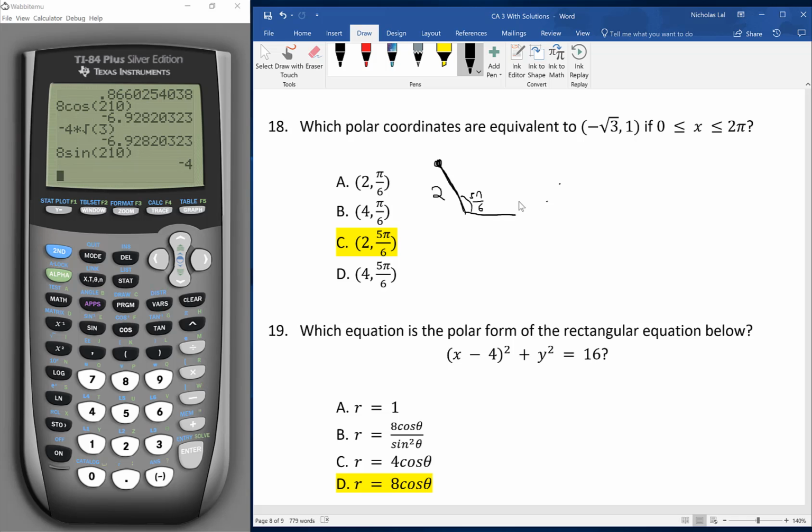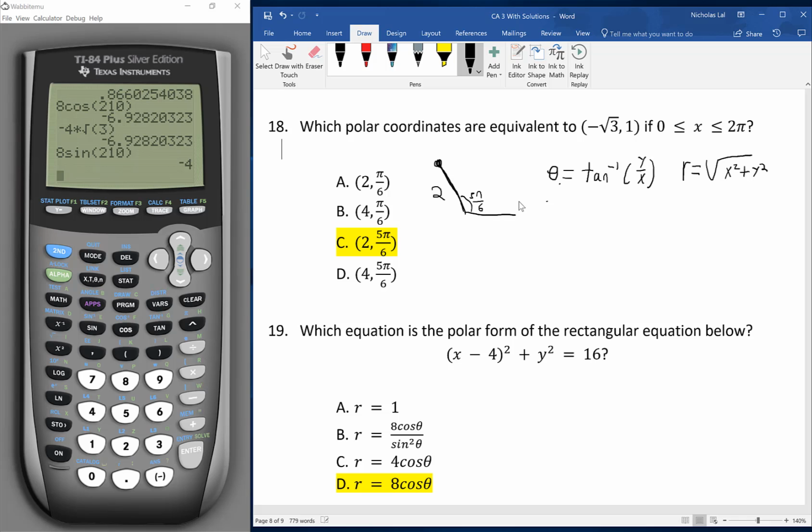And so we need to know that for our polar coordinates, theta is equal to the inverse tangent of y over x, and r is equal to the square root of x squared plus y squared.